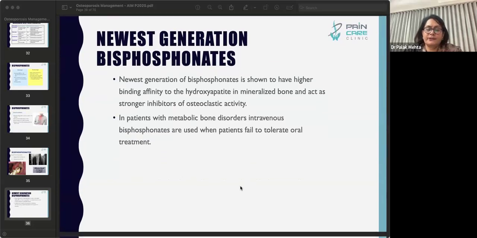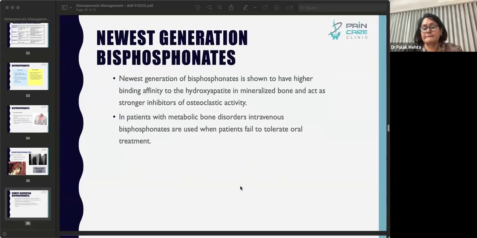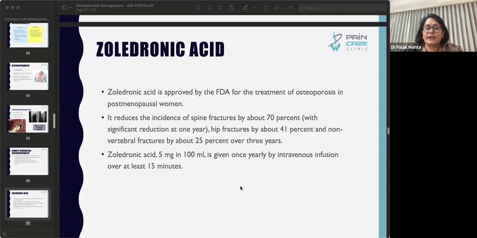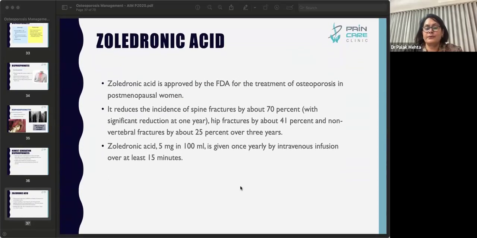So, new generation bisphosphonates. The new generation bisphosphonate is shown to have higher binding affinity to the hydroxyapatite in mineralized bone, and it acts as a stronger inhibitor of osteoclastic activity. In patients with metabolic bone disorders, intravenous bisphosphonates are used when patients fail to tolerate oral treatment. Zoledronic acid is approved by the US FDA for the treatment of osteoporosis in postmenopausal women.